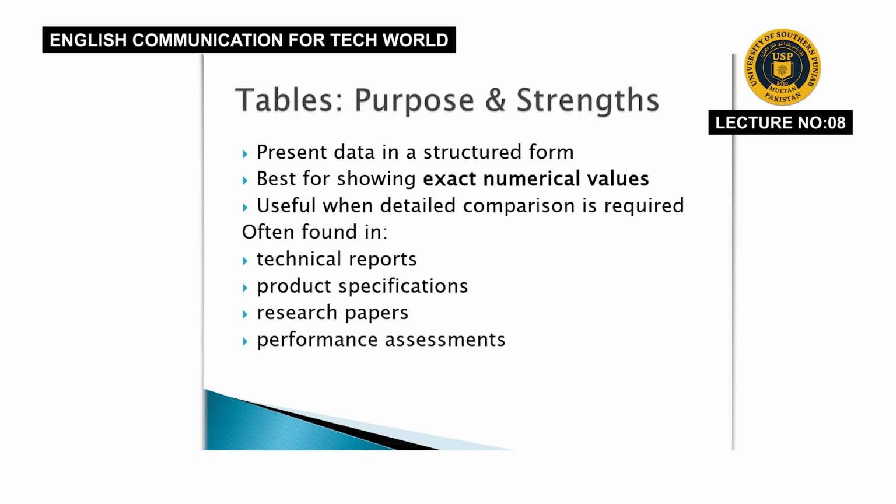Next important visual interpretation is of tables. Tables present data in a very organized and structured way. They are made up of rows and columns, which allow the reader to view precise numerical information. Tables are used when accuracy is important. For example, technical reports, scientific research, product specification sheets, machine comparison, performance records.